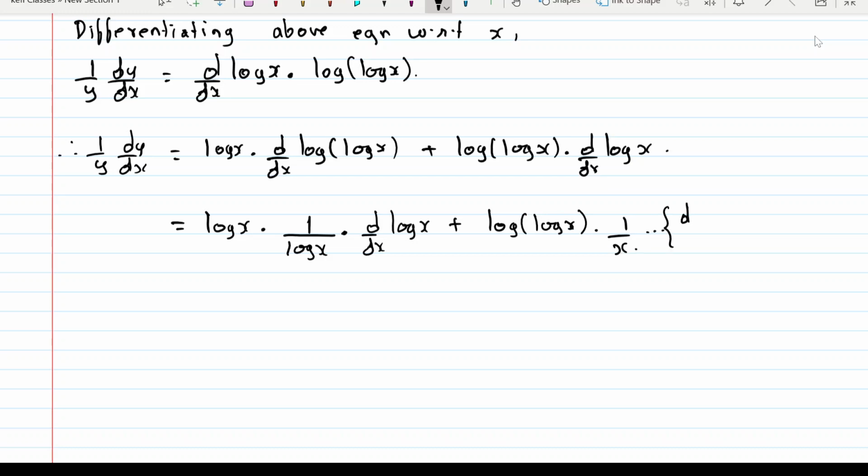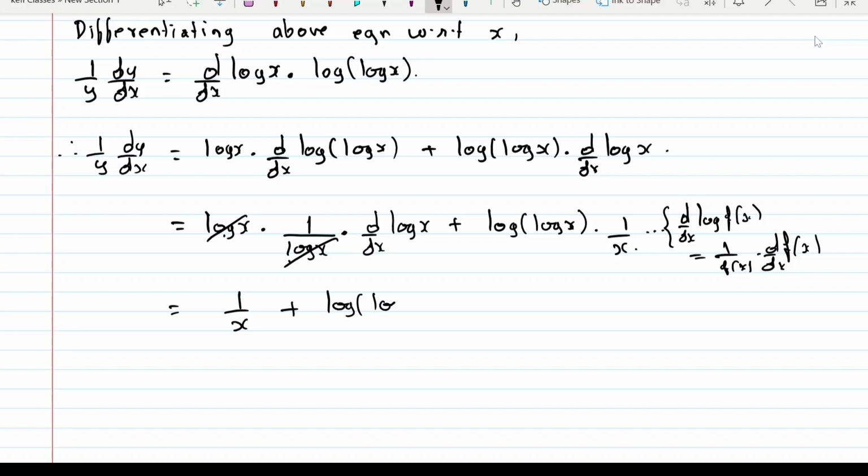Reason: d by dx of log of f of x is 1 upon f of x into d by dx of f of x. So log x and log x cancel. This is equal to 1 upon x plus log of log x divided by x. This is 1 upon y dy by dx. Step 3 is done.